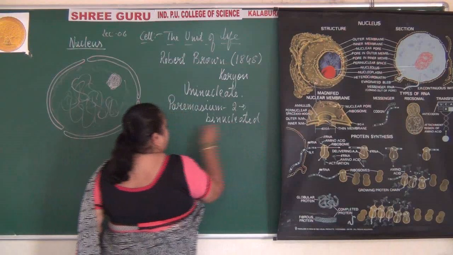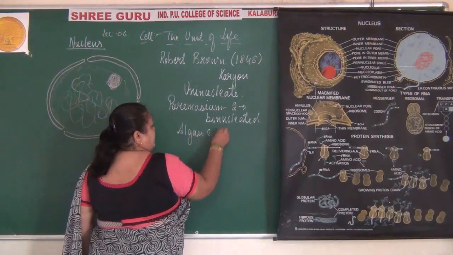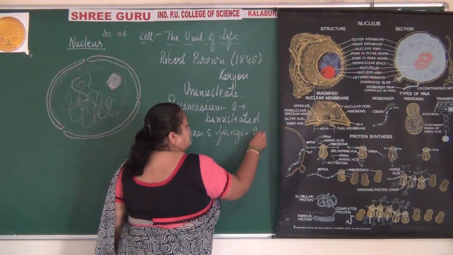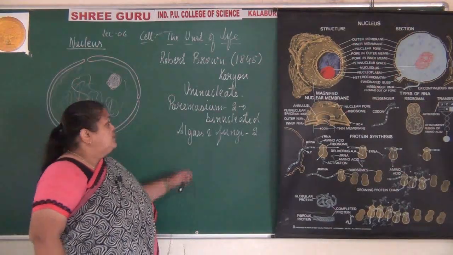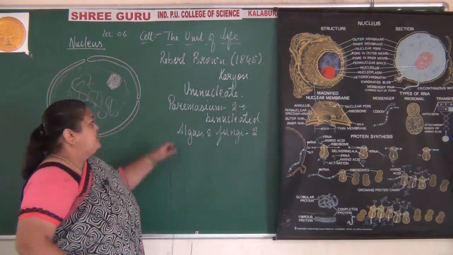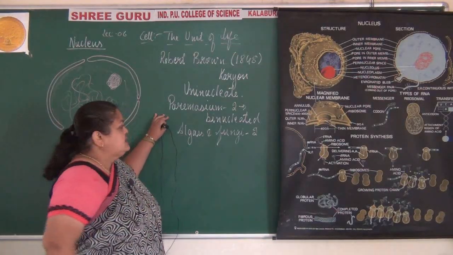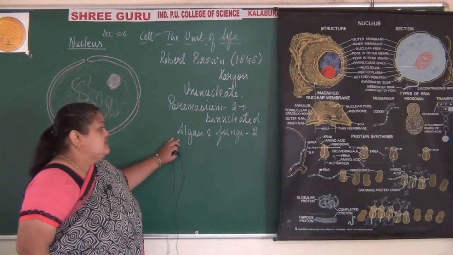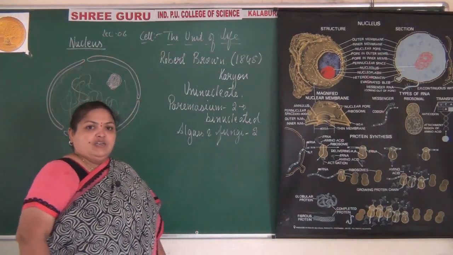While in some algae and fungi, you can also find two nuclei. Usually the cell is uninucleated, but in paramecium it has two nuclei, so we call it binucleate. While in some algae and fungi, there are around 2 to 3 nuclei.